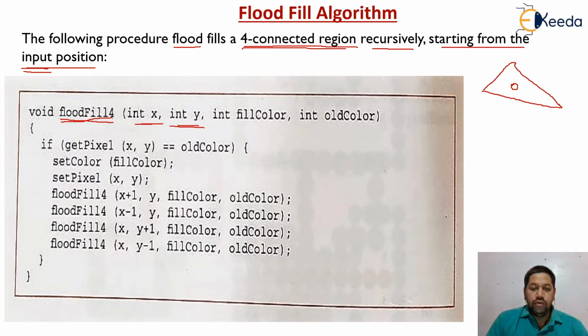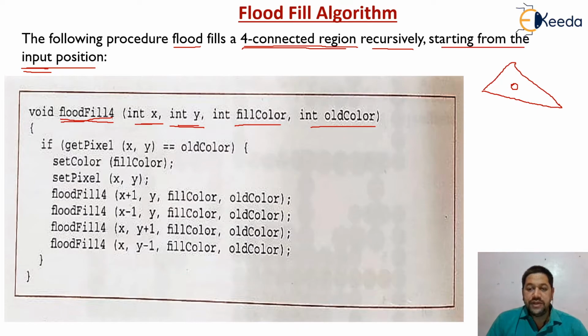Now I have to pass the fill color. Suppose I want to fill this polygon with the blue color, then blue will be the fill color. Another thing I am going to pass is the old color. In this case the old color is nothing but the interior color, meaning the background color. The background color is white.